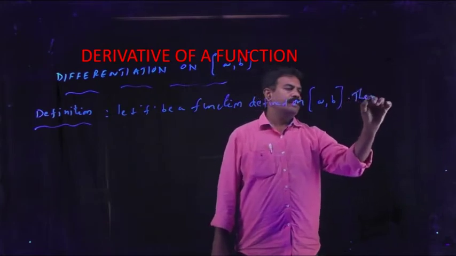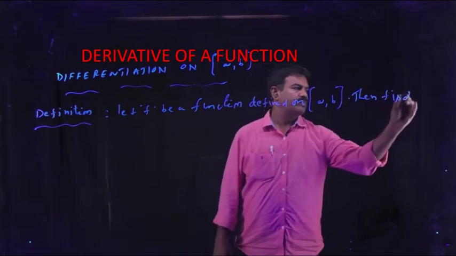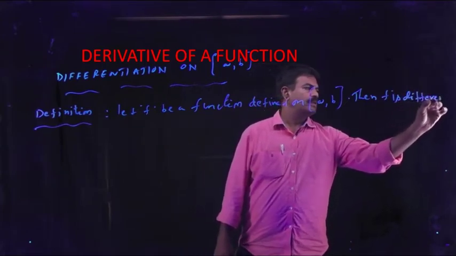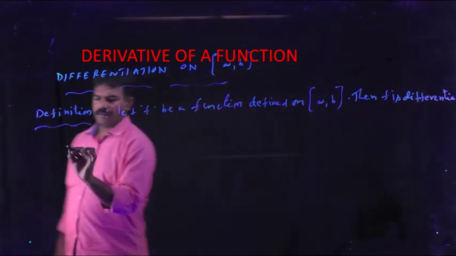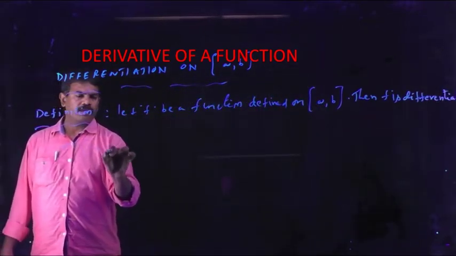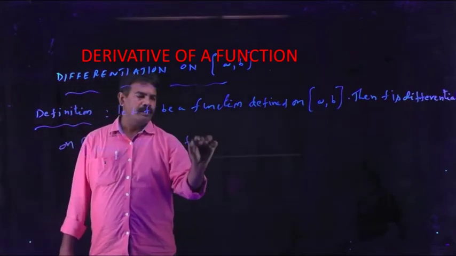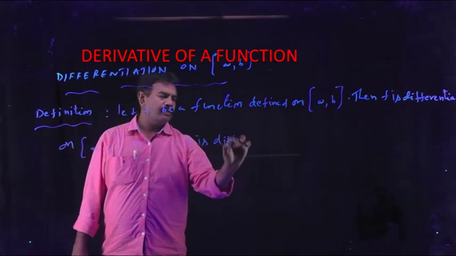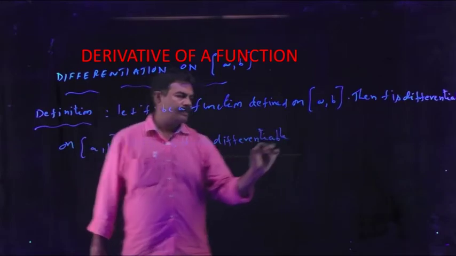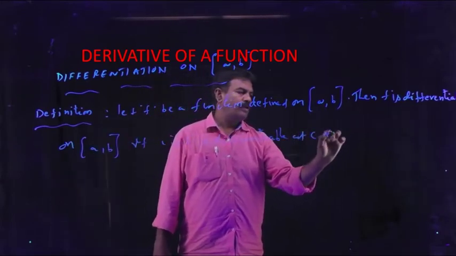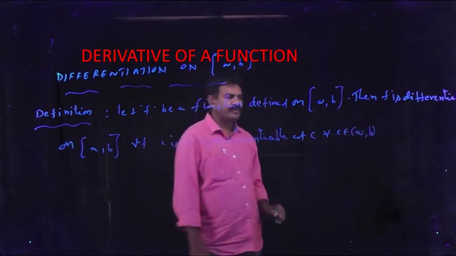Then f is differentiable on closed interval a comma b if number 1, f is differentiable at c for all c belongs to open interval a comma b.